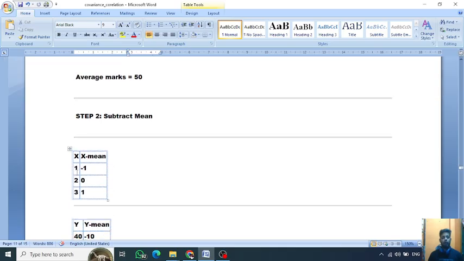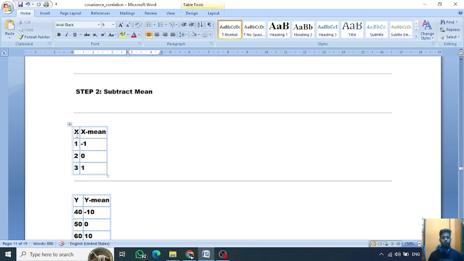Now subtract the mean for x. My original value minus the mean, and the mean of x was 2. So 1 minus 2 is minus 1, 2 minus 2 is 0, 3 minus 2 is 1.